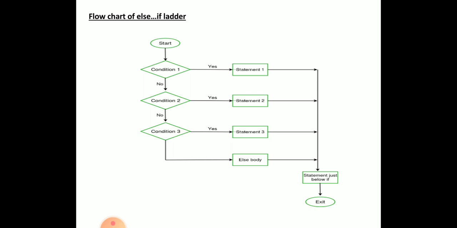Let's see the flow chart. Starting with the first condition, if the first condition is true, statement 1 will be executed and the control is transferred to the statement just below the if else block. If the first condition is false, it checks the second condition, and if it becomes true, statement 2 given inside will be executed.